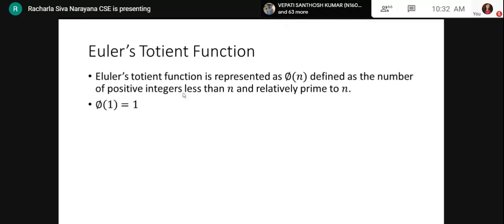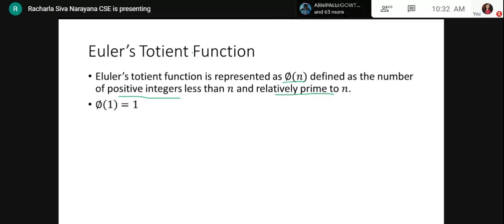It is defined as the number of positive integers less than n and relatively prime to n. Here n is 1, then phi of 1 is equal to 1. This is the basic statement.